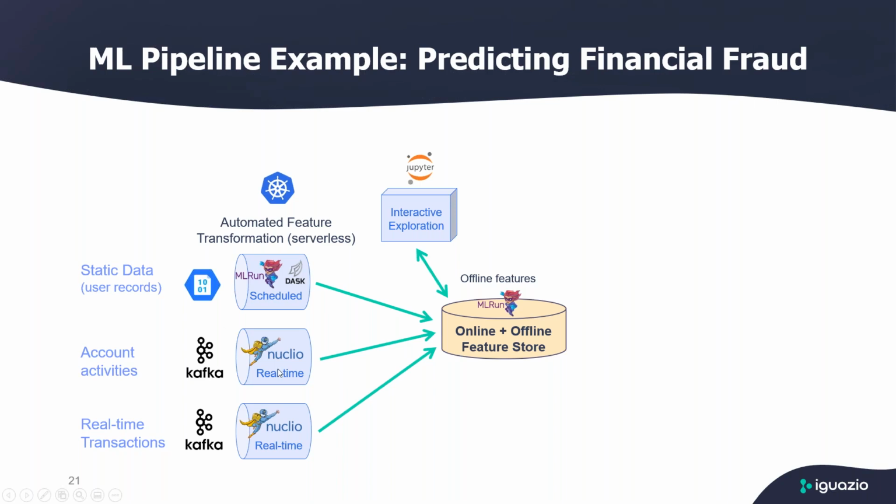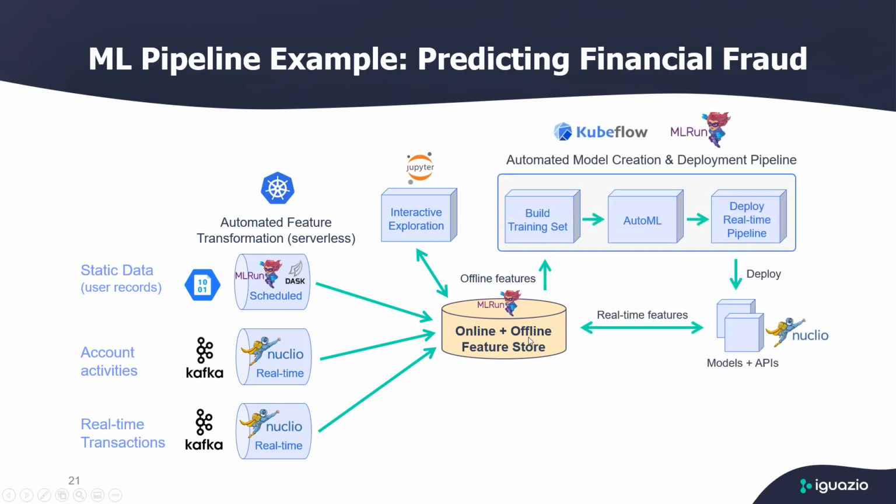As we ingest all of those different real-time streams into the system, they're stored in the feature store. Then we can do some interactive exploration on those feature sets and feature vectors. Later on, we may want to build a complete training pipeline that takes a feature vector, creates a training set, runs AutoML, deploys and tests the model, and then deploys the model into production.